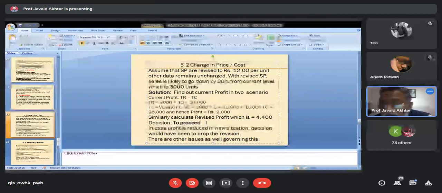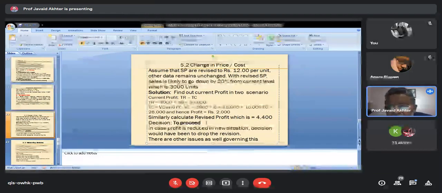So let's stop. An additional profit of 2,400 with 20% reduction in sales in the current example is still resulting in additional profit of 2,400.